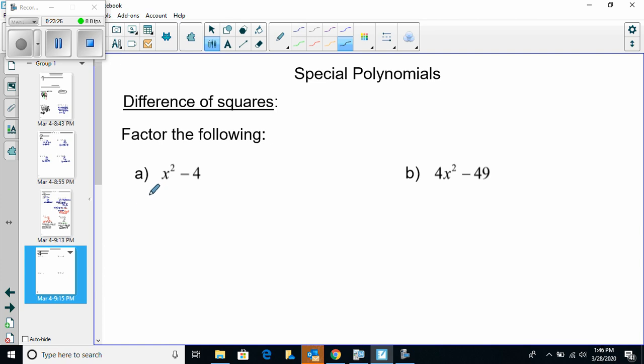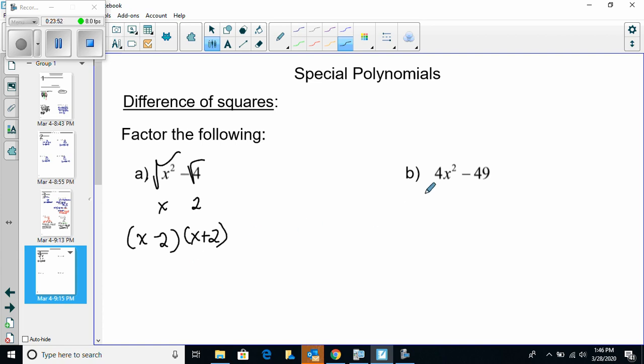So in this case, the square root of x squared is x, and the square root of 4 is 2. So then you can rewrite it as x minus 2 times x plus 2. And if you check it with FOIL, you will have the same expression, x squared minus 4.